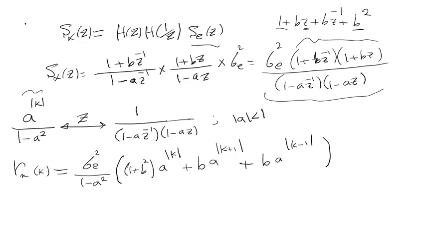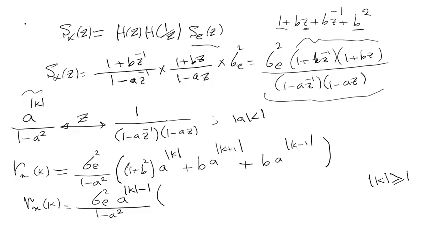Now try to simplify this function. Assume absolute value k greater or equal than 1. I can write it like this: sigma squared e over 1 minus a squared, a to the absolute value k minus 1, and now I write other part.